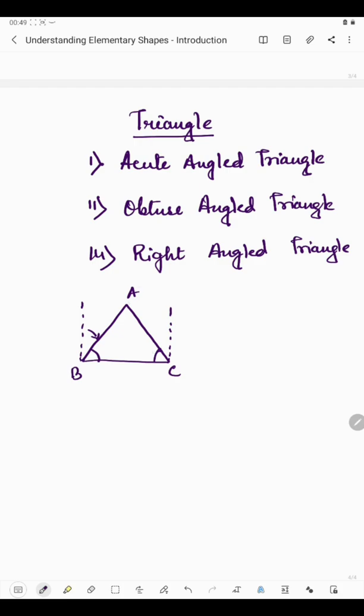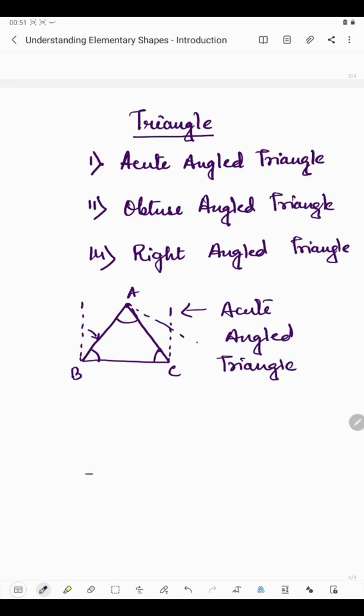Now angle A is also less than 90 degrees, so angle A is also an acute angle. So in this triangle, since all angles are less than 90 degrees, this is known as an acute angle triangle.